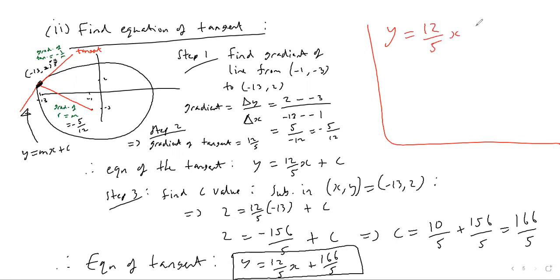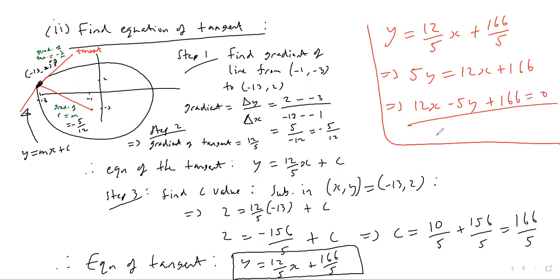Multiply both sides by 5, so you get 5y equals 12x plus 166. Then take away the 5y from both sides, and you get 12x minus 5y plus 166 equals 0. So if the question asked for that form, this would be your answer, which is exactly the same as the equation down here.